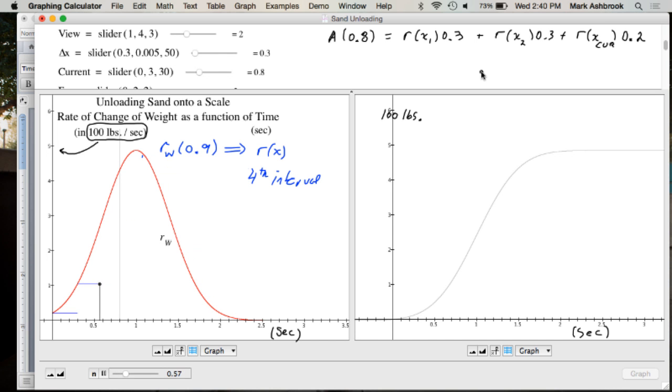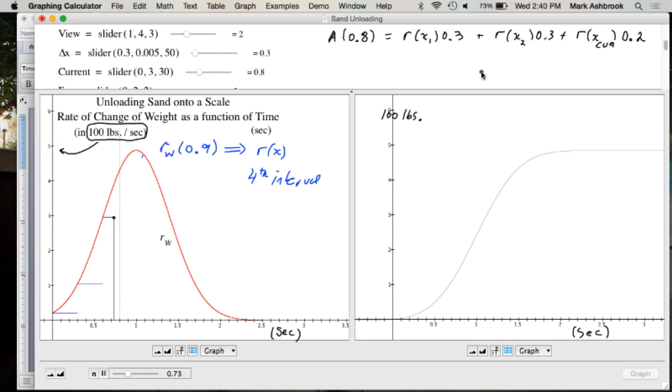And then what would the current interval be if we're talking about 0.8, from what to what? 0.6 to 0.9, right? So even though it's only to 0.8, the current interval goes from 0.6 to 0.9. And then what's the value of dx if we're at 0.8? 0.2.